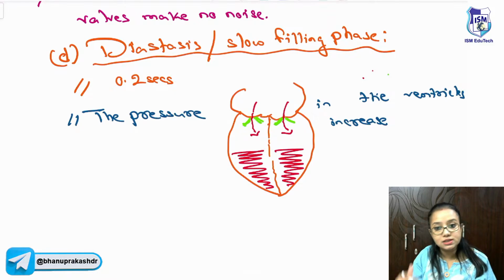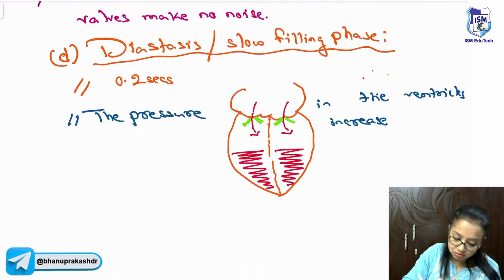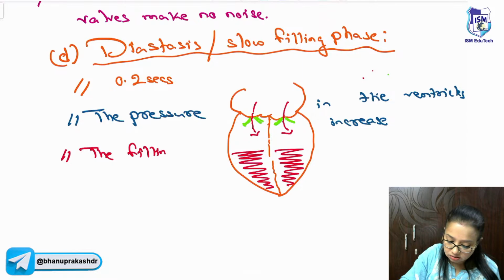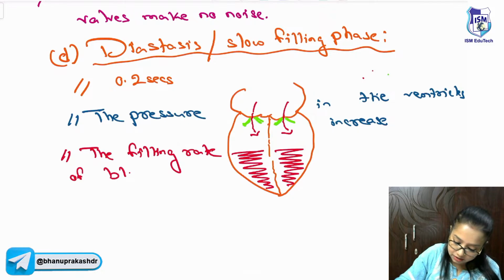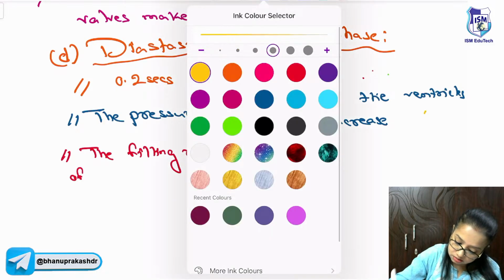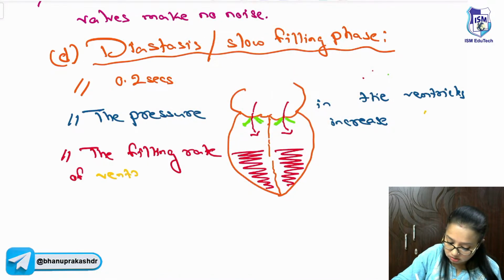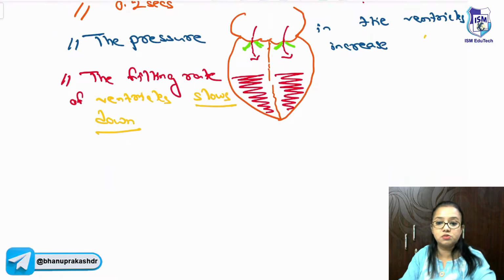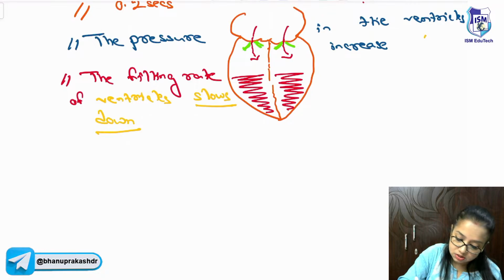Now the atria also have less volume of blood, so the filling rate of the ventricle slows down. It slows down, but the slow process stays for about 0.2 second.